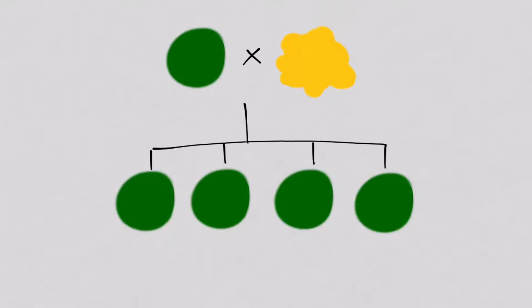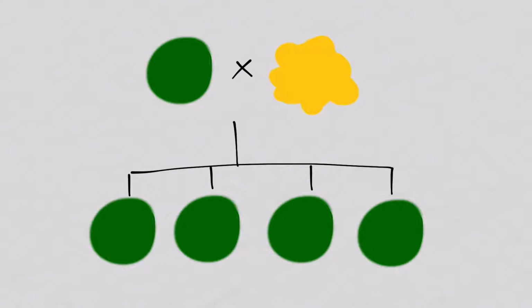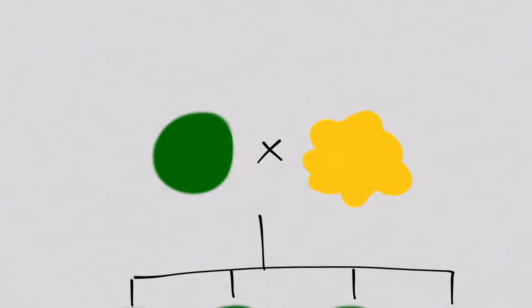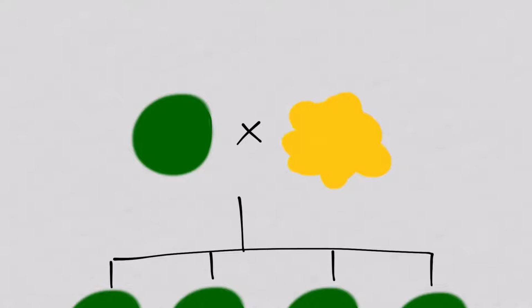Not surprising, because this is a true breeding green round pea plant, meaning all its parents were green and round, generations upon generations back. So it's big R, big R, homozygous round, and it's also homozygous green, big G, big G, for color.